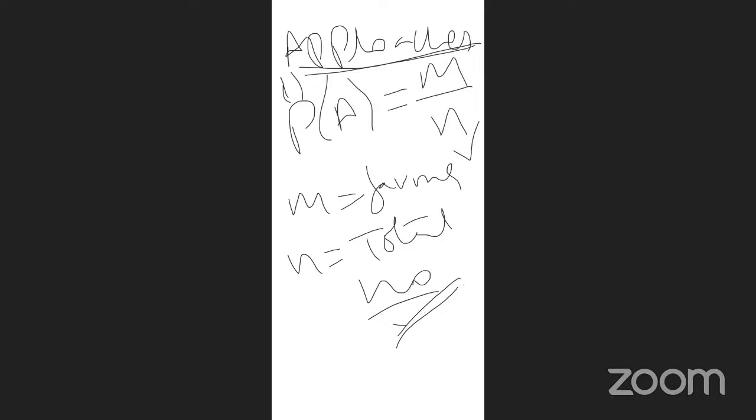The first rule is the probability of A is greater than or equal to 0. That means whatever values you have calculated, they will be greater than or equal to 0.